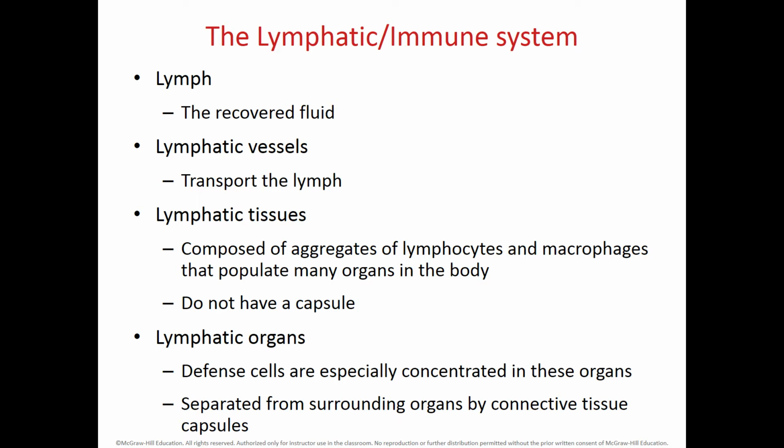Now, the lymphatic organs, as we said before, have a fibrous connective tissue or capsule that provides a specific structure. Within these lymphatic organs, we also have aggregates of lymphocytes that are called nodules.